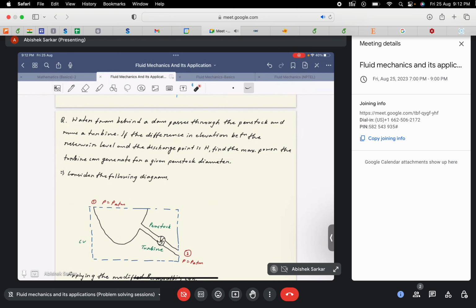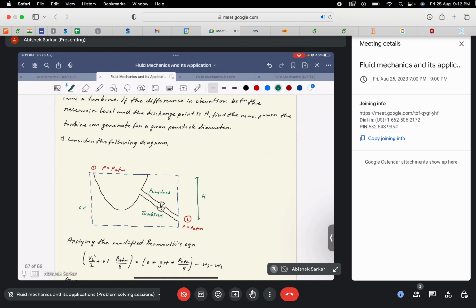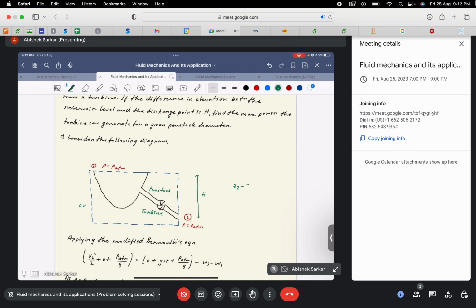Here it is told that point 1 and point 2 differ by elevation h. So you can write Z2 minus Z1 is equal to h.